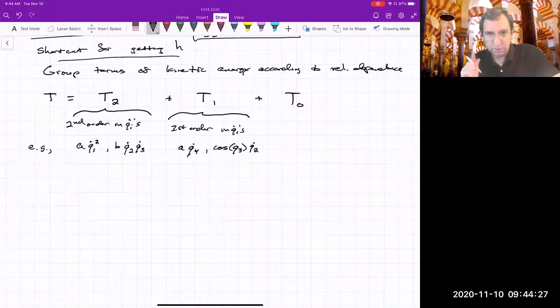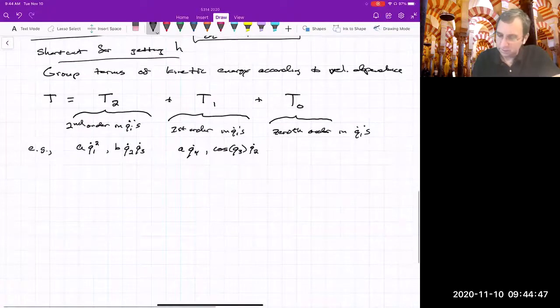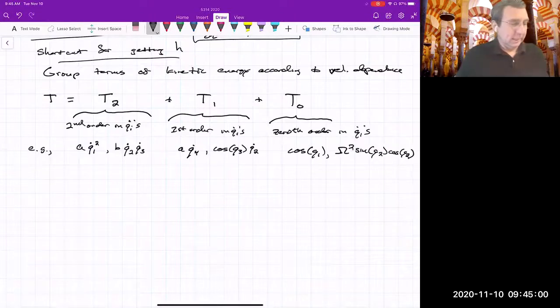Is it first order? And then this last one, T0, this means it's zeroth order. These are terms in the kinetic energy that do not depend on the generalized velocities, so zeroth order in the q_i dots. So something like cosine q1, or omega squared sine q2 cosine q2. It's got no velocity dependence, right?